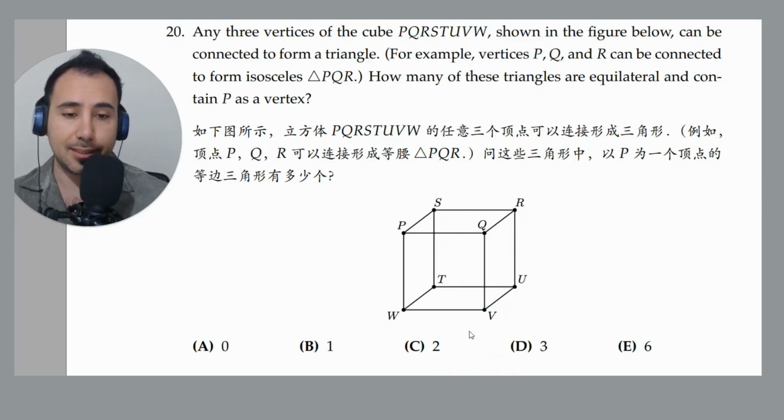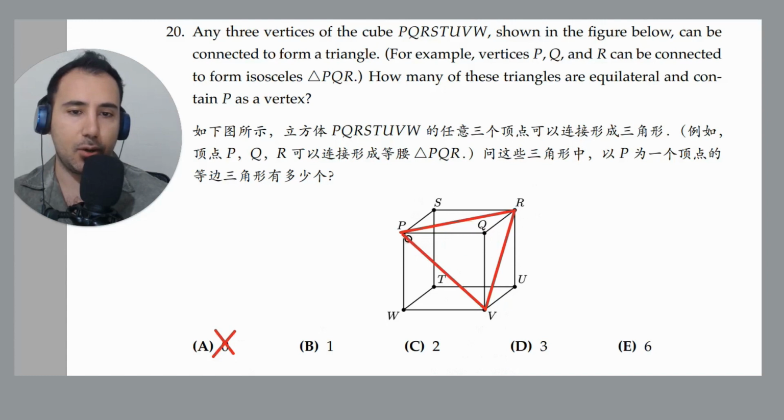The only one left starting from P would be, for example, I go to this R, then I go to this V, and from V I go back to P. All of these are the same sides. So I have one, that means this option is out. Can I draw more? I'll change my color.